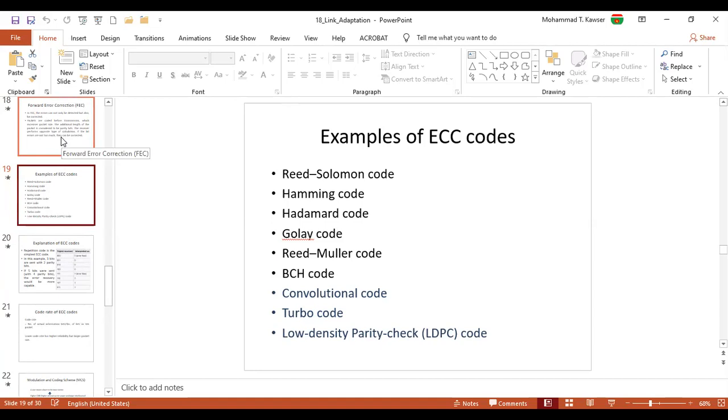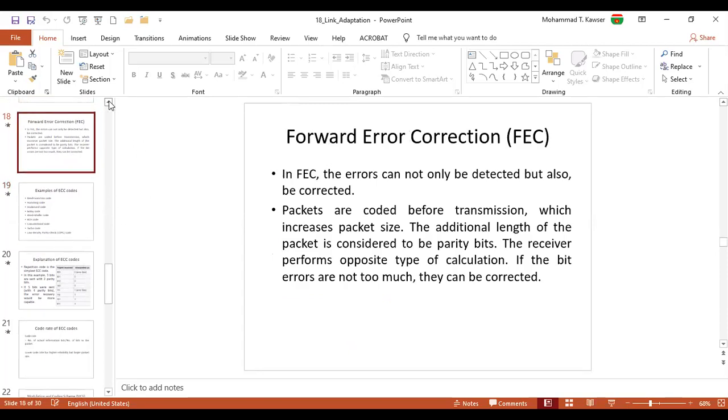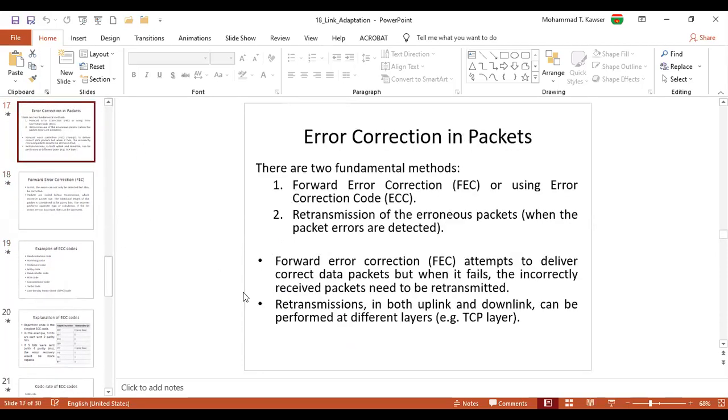There are many different methods, with very complex computation, and these are some popular methods for FEC, which is also called error correction code, or ECC.